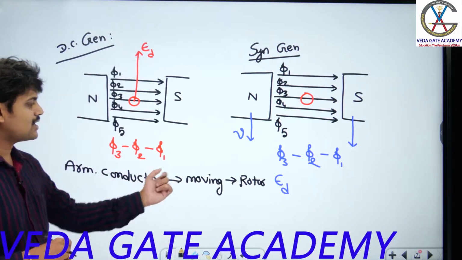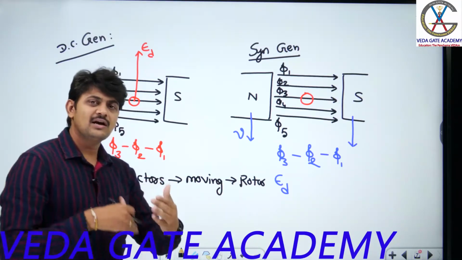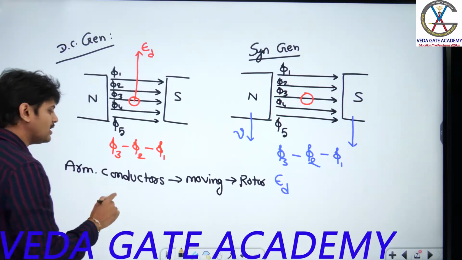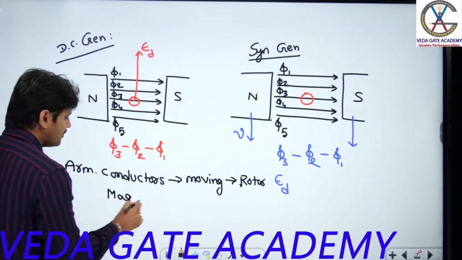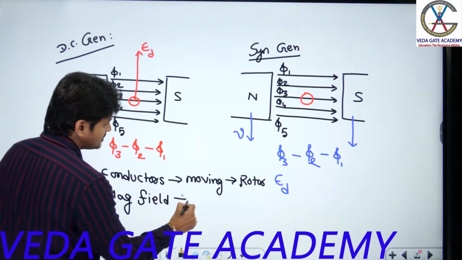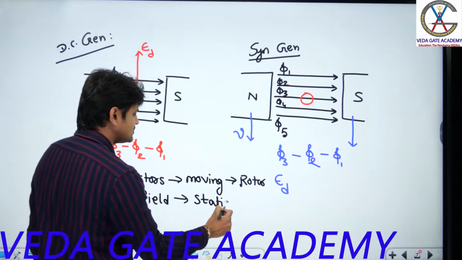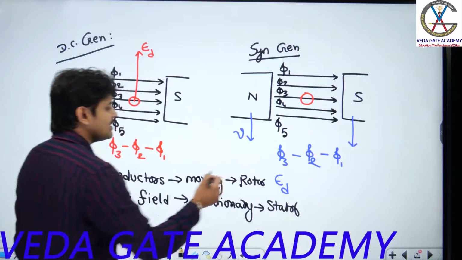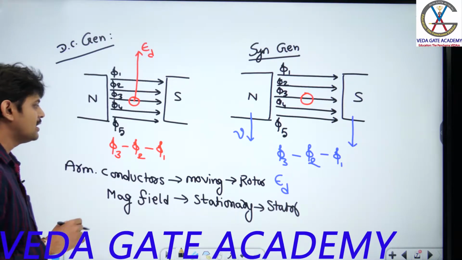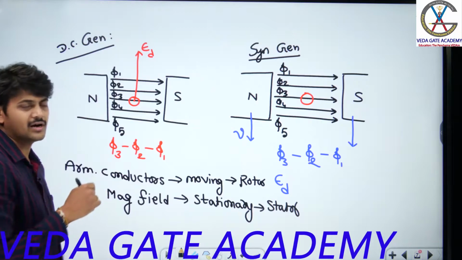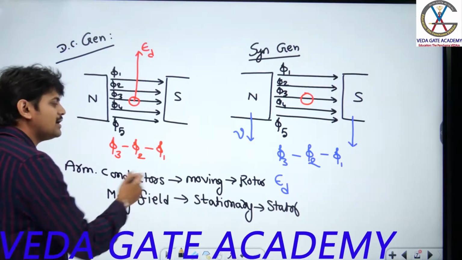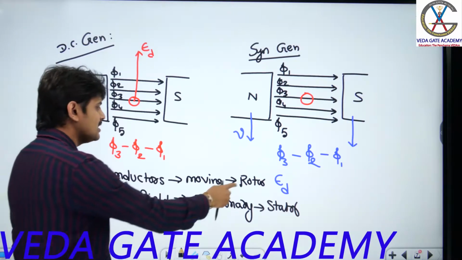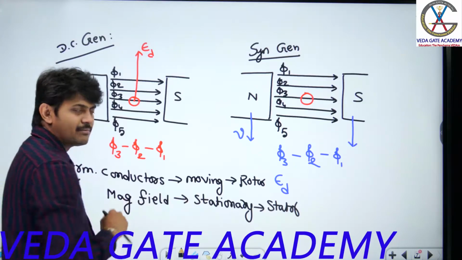So here my armature conductors are placed on a rotating object called the rotor, whereas my magnetic field is stationary, so I am going to place these poles on a stationary part called the stator. So in a DC generator, what kind of configuration do we use? Stationary magnetic field, rotating armature.